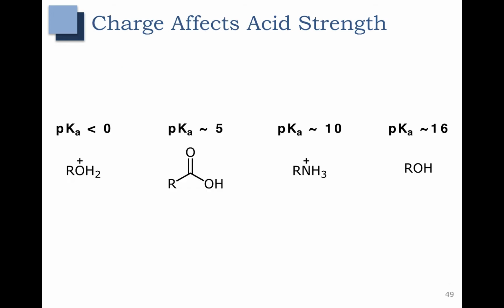Now, we looked at this slide before, and what you want to get out of this is that charge is going to affect acid strength. Remember that if we have a positive charge in an oxygen, it is going to be more acidic than the corresponding molecule that does not have the positive charge. Let me draw an example here.